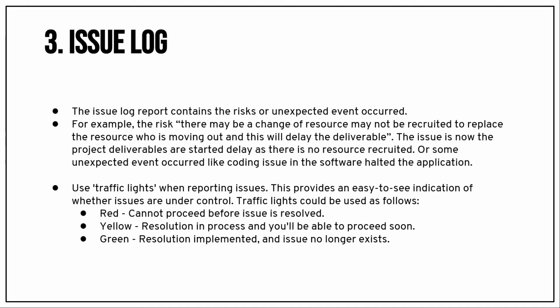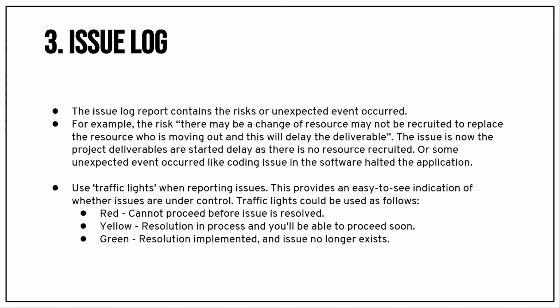But the important point is, because this traffic light is marked as green, it's not saying that we will make the deliverable as per the plan. Because in our example, when the team is not replaced by the end of February month, replacing the resource will take, assume, 1 more month for a 4-member team.